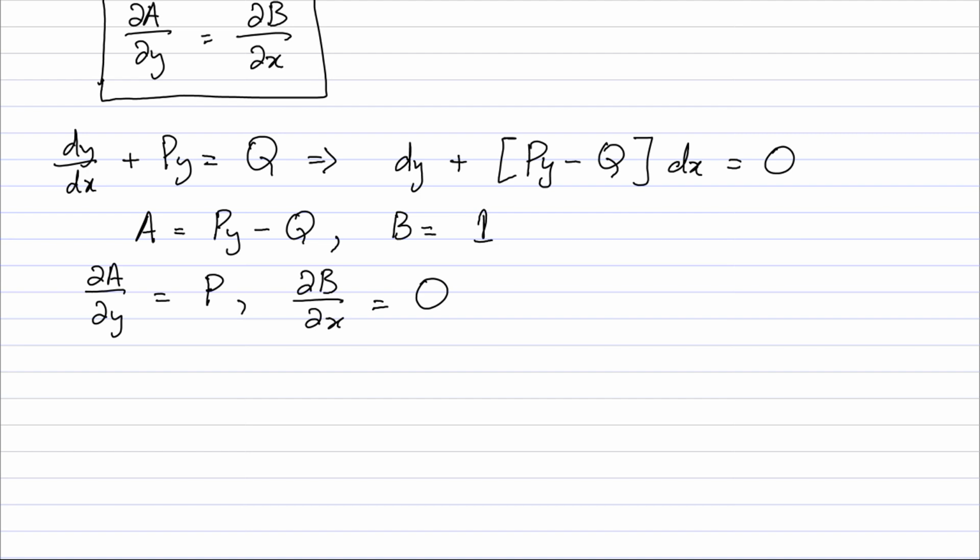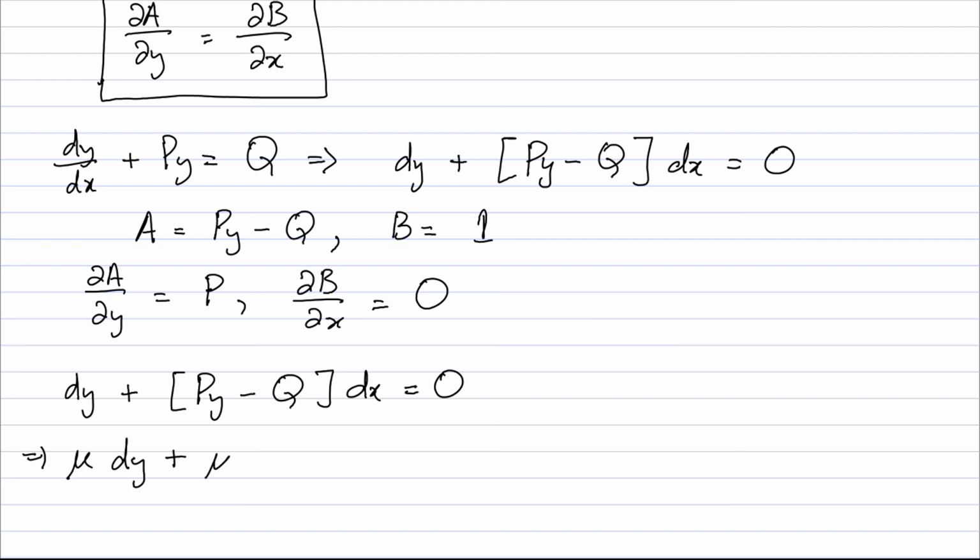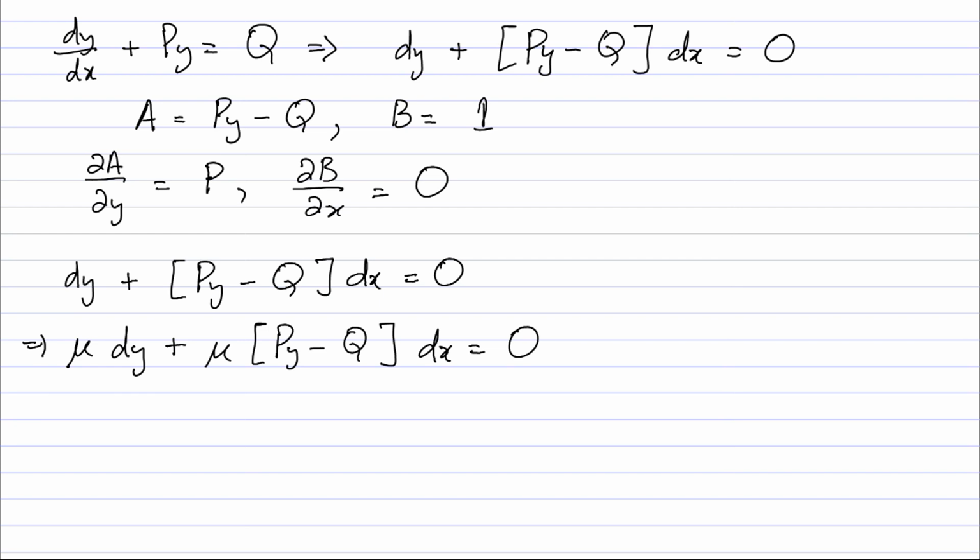So in other words, instead of dealing with this thing, you instead deal with mu dy plus mu (py minus q) dx equal to 0, where mu is a function of x and y in general. It could be only a function of x, it could be only a function of y, but in general it's a function of both x and y.